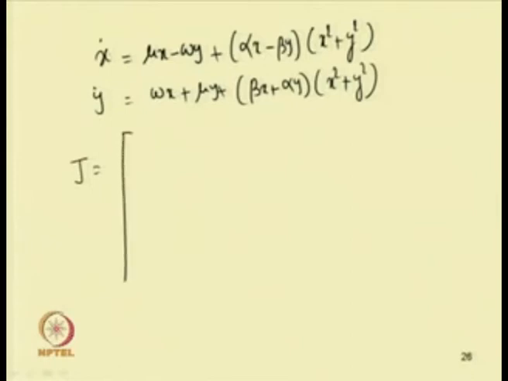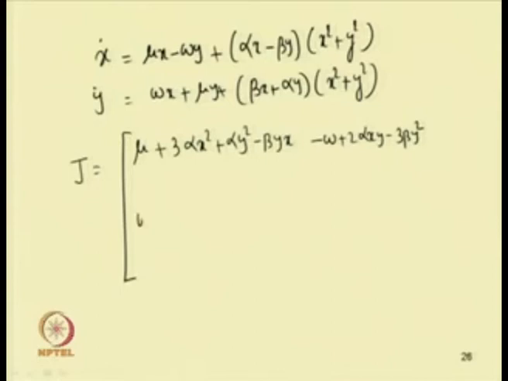By first differentiating this equation with respect to x, one can write mu plus 3 alpha x square plus alpha y square minus 2 beta x y, and by differentiating with respect to y, one can write minus omega plus 2 alpha x y minus beta x square minus 3 beta y square.